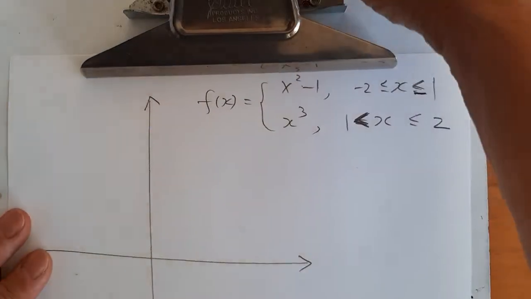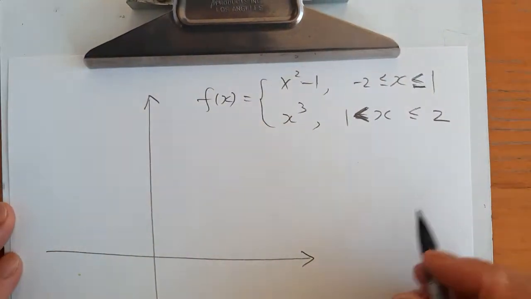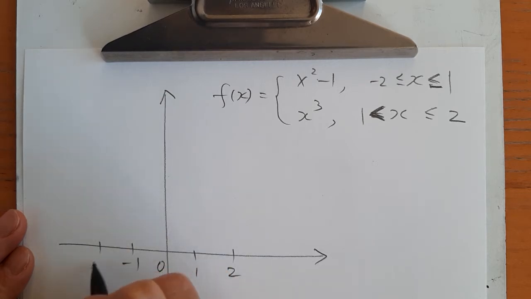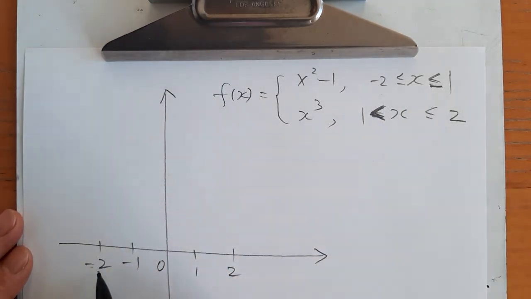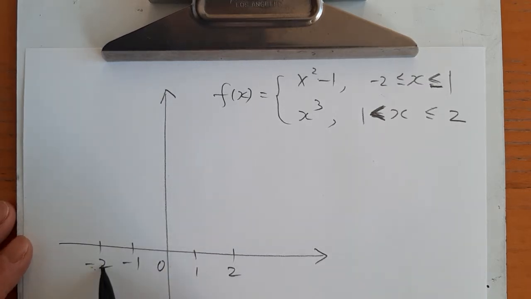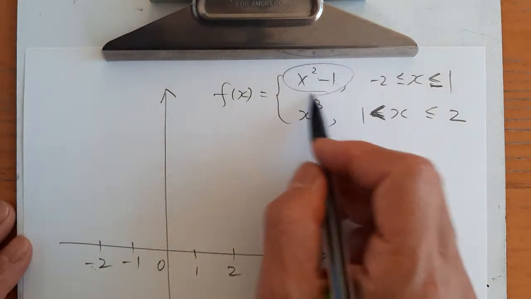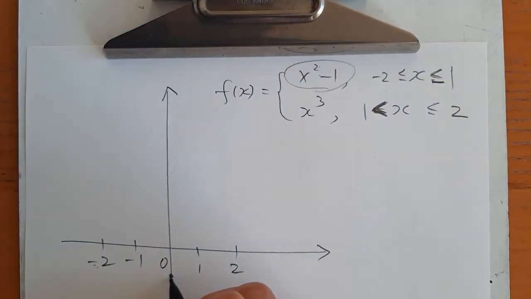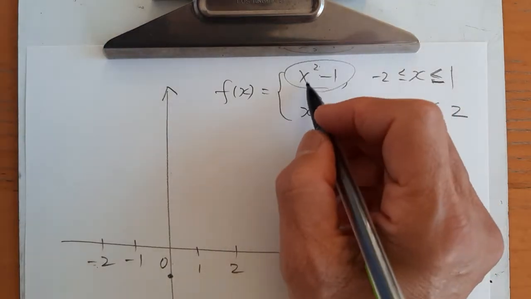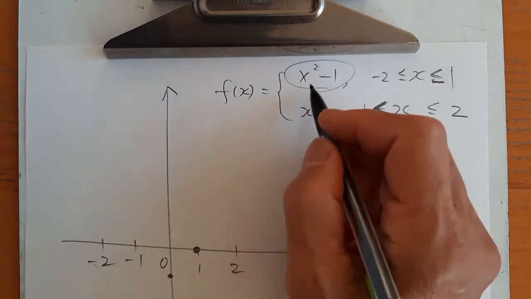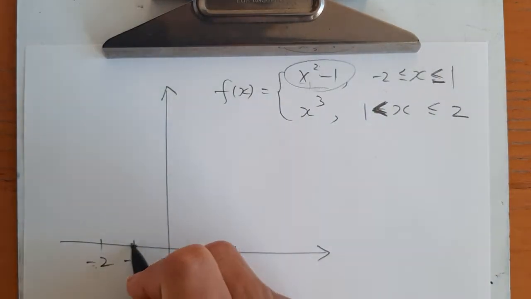So for this one, you can plug in 0, 1, 2, and negative 1, negative 2. From negative 2 to 1, use this graph, x squared minus 1. If you plug in 0, it will be negative 1. If you plug in 1, it will be 0. If you plug in negative 1, also 0.